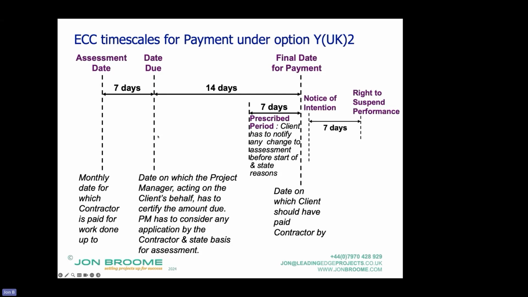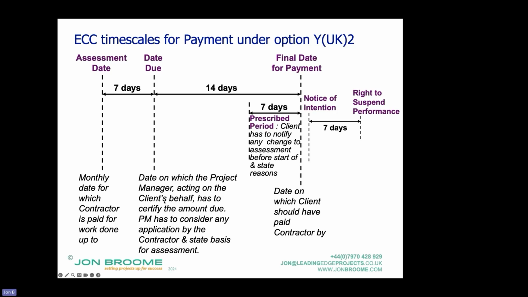The date due is when the project manager on the client's behalf has to certify the payment. And the final date for payment is when they have to have paid out this money certified by the project manager, except if before the start of the prescribed period, the client says, I think my project manager's got it wrong.